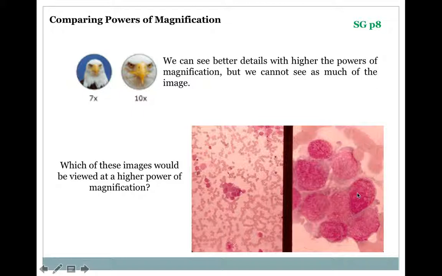If I go up to high power and increase my magnification, I can see this cluster of cells really big now, but I lost a lot of my field of view. So at high power, I can see smaller things in more detail, but I see less field of view.